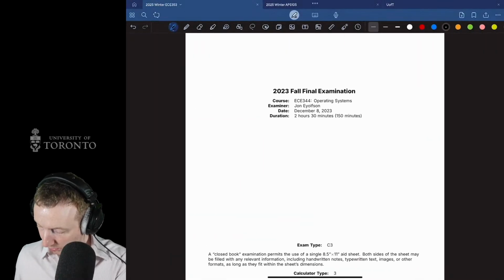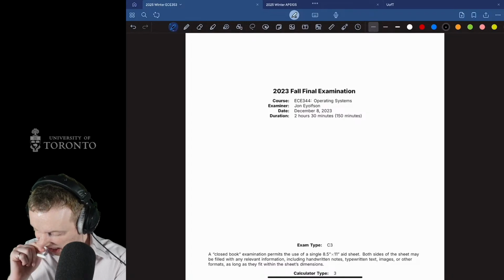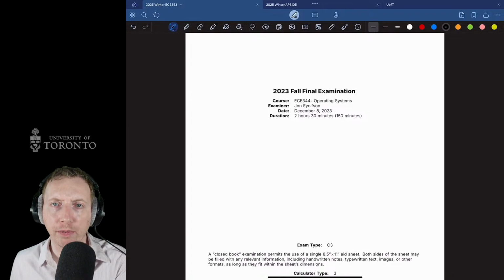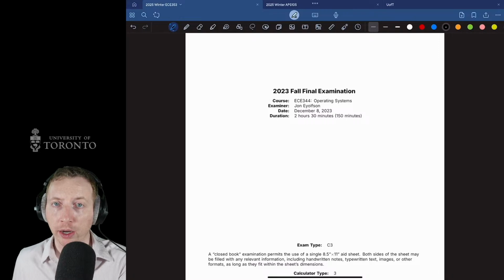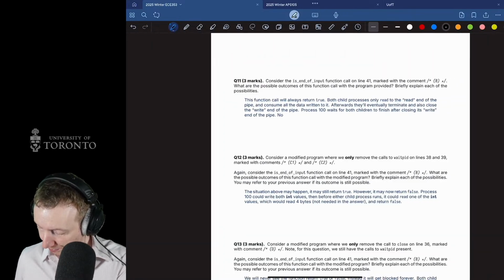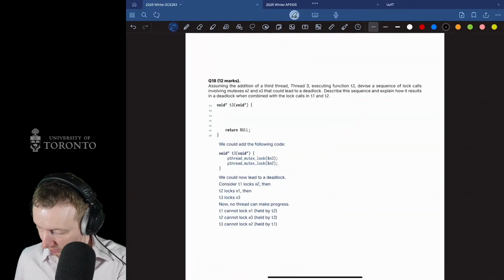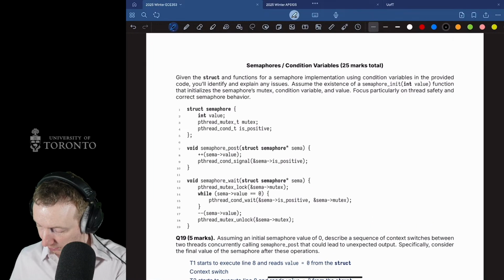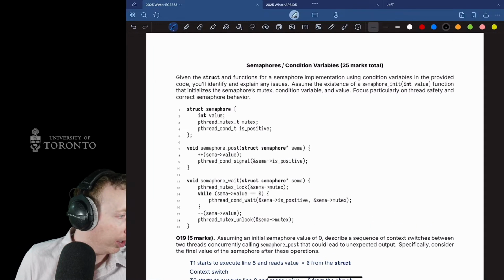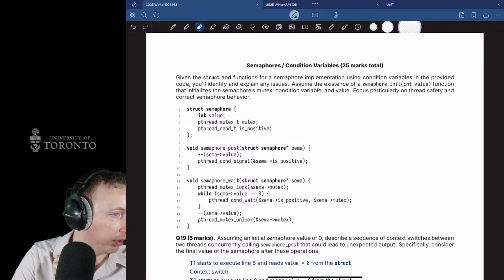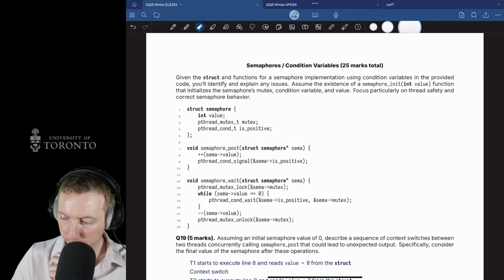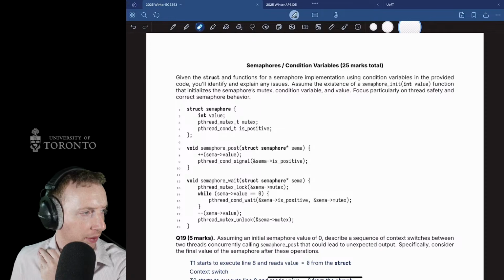Okay, so here is 2013 final for ECE354. So we are going to have a look at the semaphore question. So the semaphore question, and then we want file systems too.